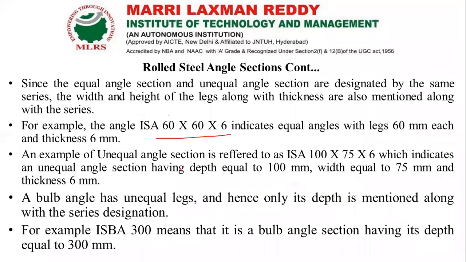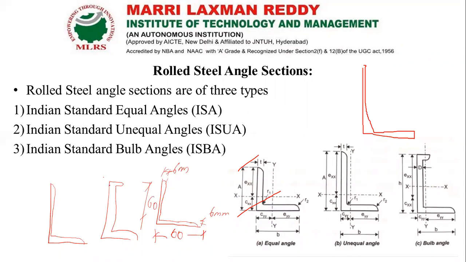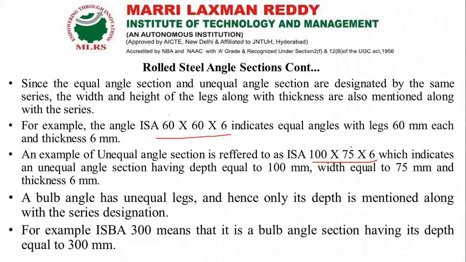And for the unequal angle, here it is 100 by 75 by 6. I can draw the unequal angle like this. The depth will be 100 mm, the width will be 75 mm, and the thickness will be uniform throughout, that is 6 mm. This is the way we can have our sections.